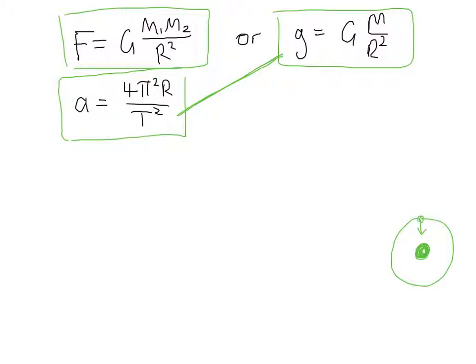So if we say that 4 pi squared r over t squared is equal to GM over r squared, firstly what we could do is multiply both sides by r squared.